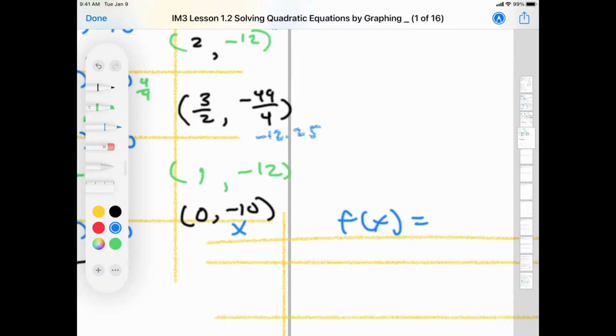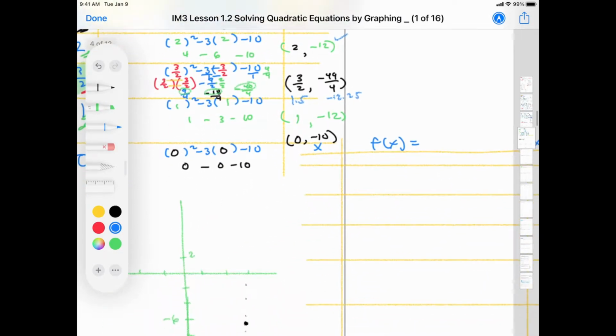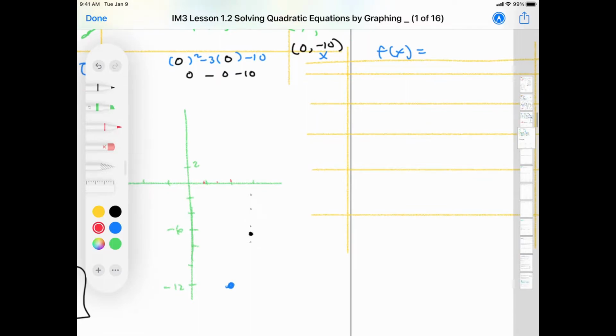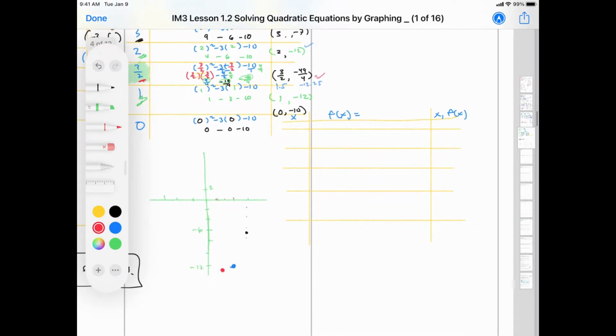So 1.5 and negative 12.25. It's just a little bit past it. Like that, there in red. Okay, so we have right 1 down negative 12. And then my last one, 0, negative 10.